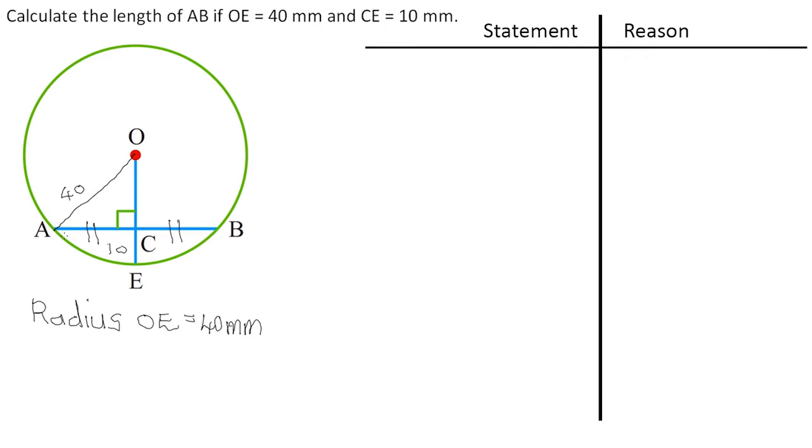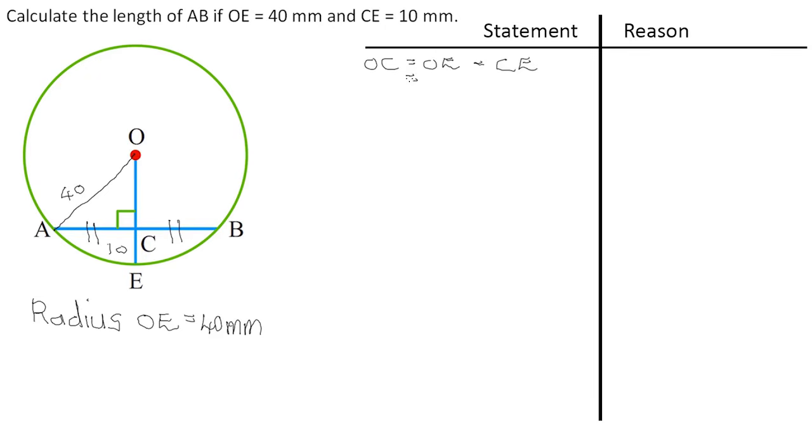Now let's start with solving this problem. From my given information, OE is 40 and CE is 10, which means I can then calculate OC, and that will be my first statement. OC is equal to radius OE minus CE.